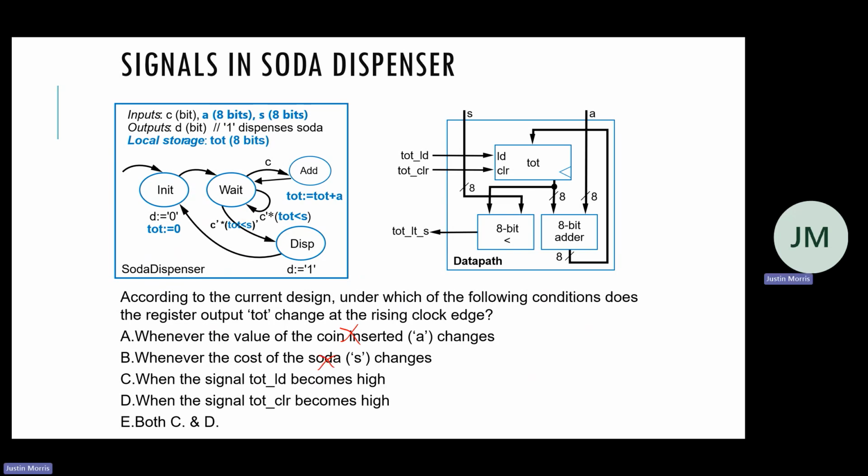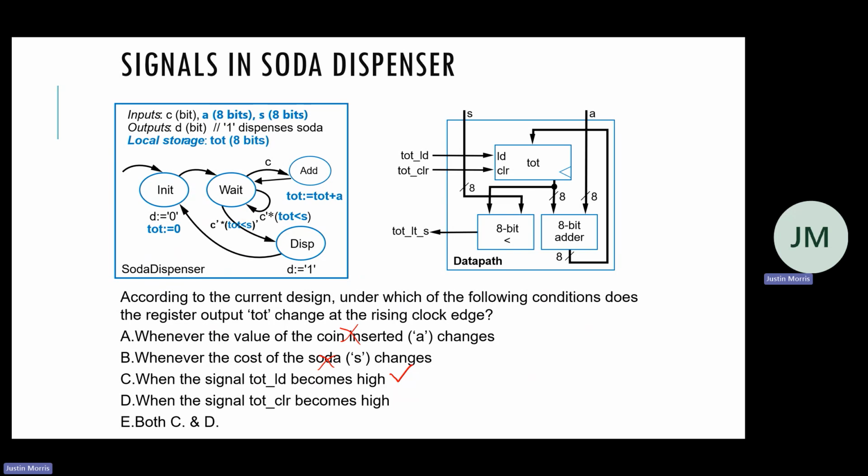When the signal total load becomes high, this will change total, right? Because that's the transition from wait to add, right? That's the C part, is when the load becomes high. I'm just talking about, from these signals in the current design, what causes total to change.